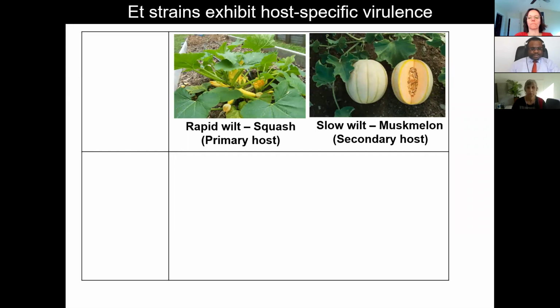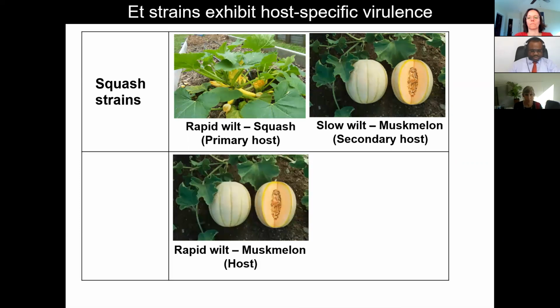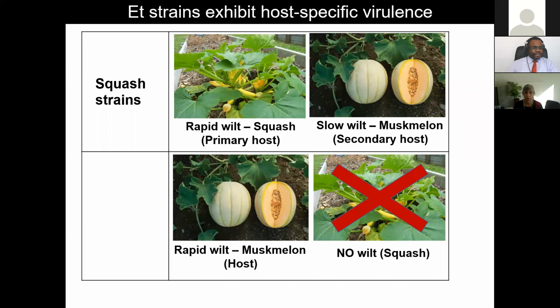So based on the ability to cause rapid wilt on squash versus muskmelon, we could say these strains are squash strains. Whereas some strains rapidly wilt muskmelon but are unable to wilt squash. Based on the ability to rapidly wilt muskmelon, we could say they are melon strains.